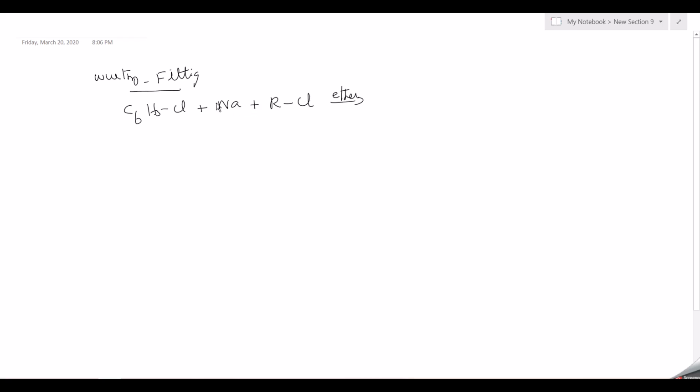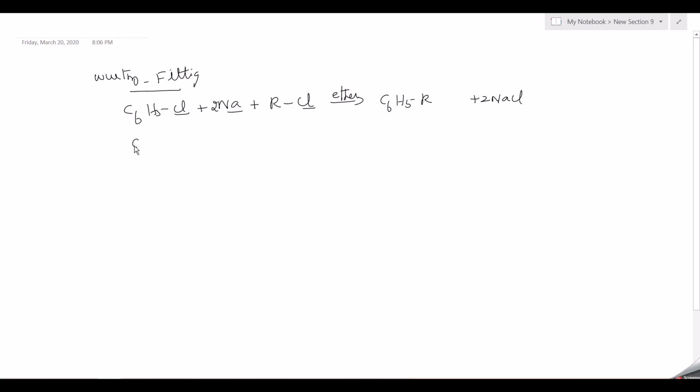So you take 2 sodium and this chlorine, sodium and this chlorine, they will combine to form 2 sodium chloride, and remaining we have C6H5R. So you are getting C6H5R, that is we are getting alkyl benzene. So this is what we call Wurtz Fittig reaction.